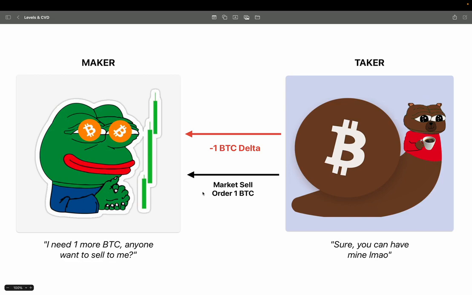So it's a market sell order, which is a negative delta as the Bitcoin changes hands. So that's volume delta. For each individual transaction, you're going to have somebody who was the aggressive buyer or seller and somebody who was the passive person advertising that buy or sell order. That's the volume delta.